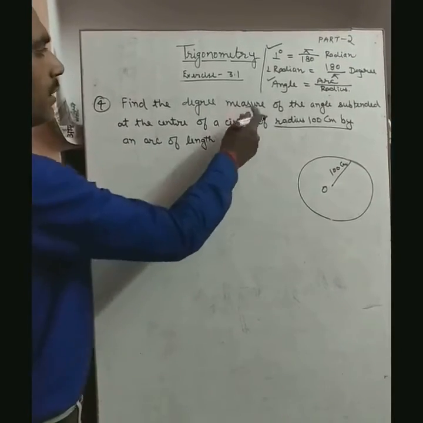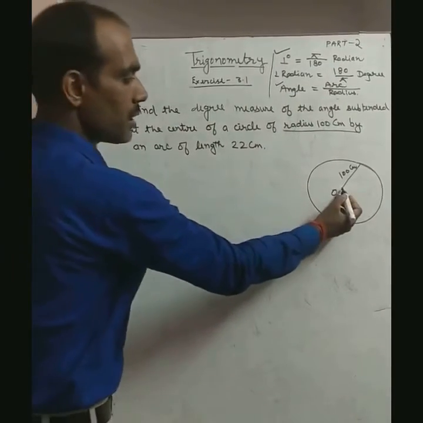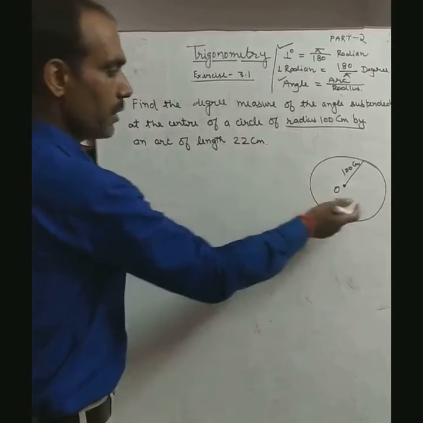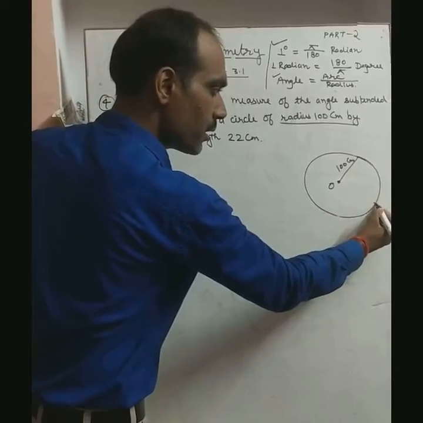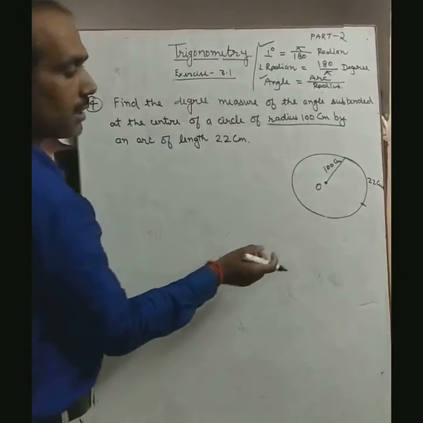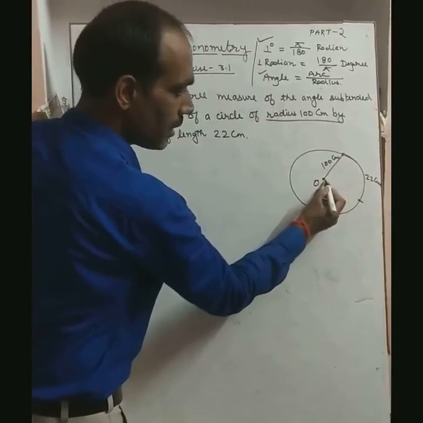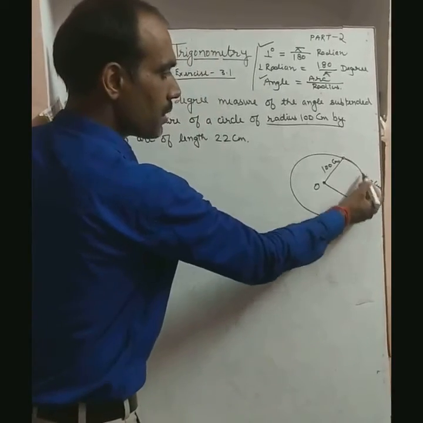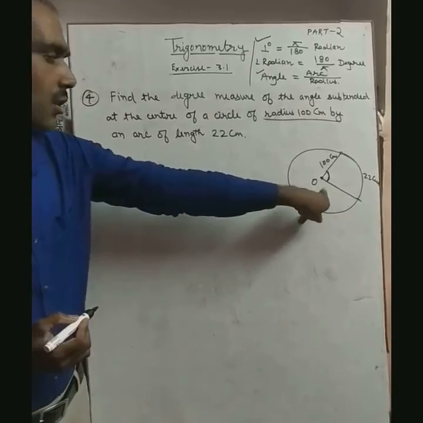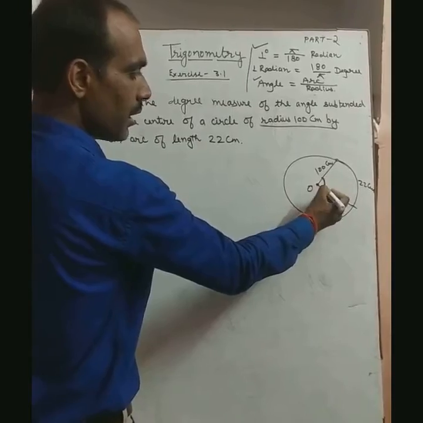And we have to find the measure of the angle subtended at the center of the circle by an arc of length 22 cm. If we take this arc as 22 cm, then what is the angle subtended by this arc at the center of the circle? Then we have to find this angle.